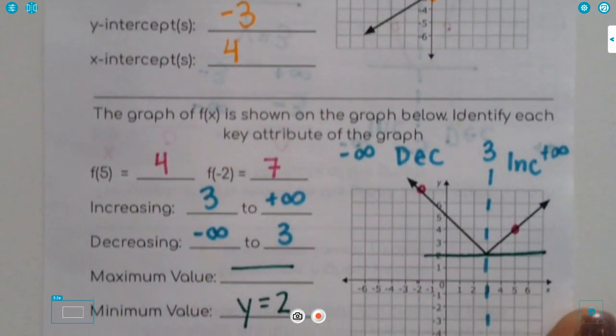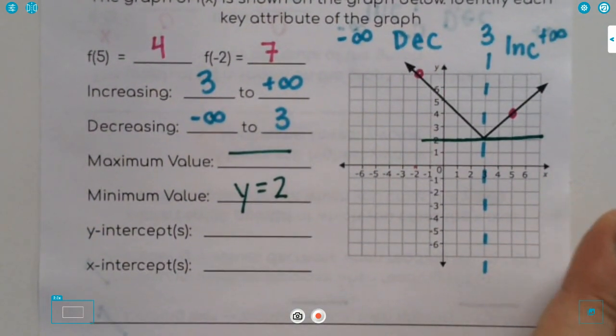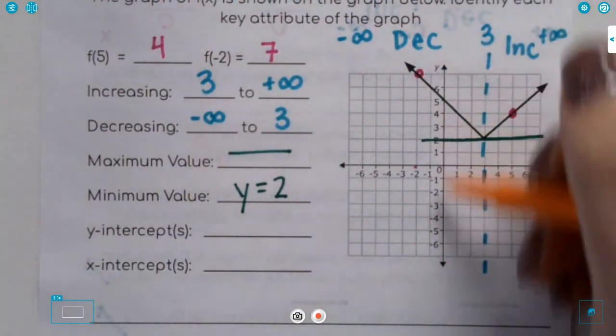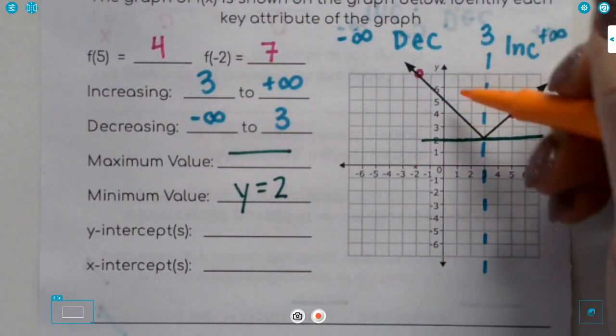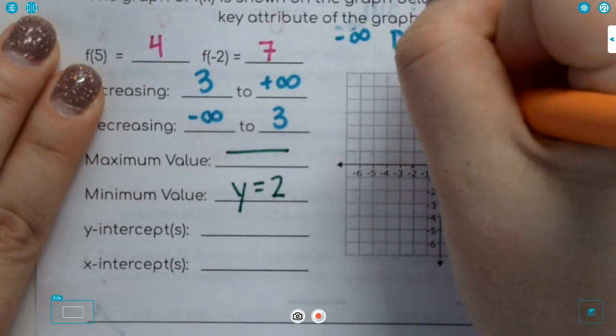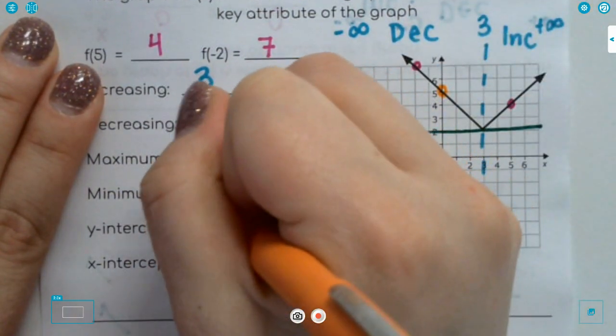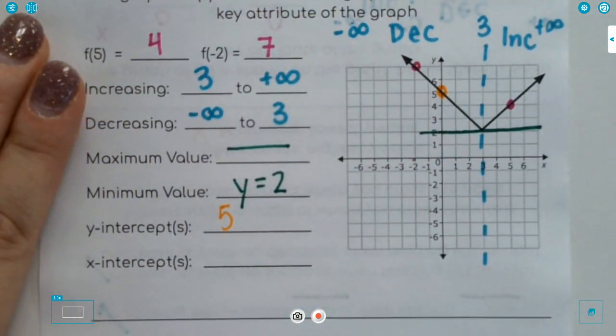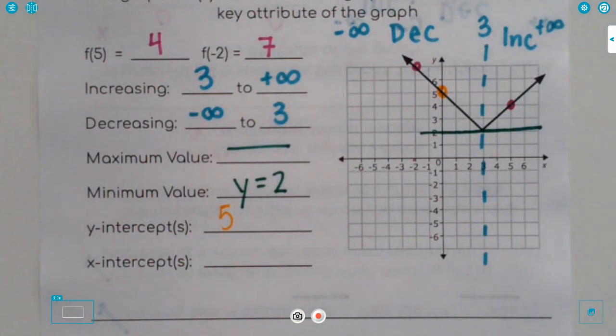And then our very last one, our y-intercept, where we cross our y-axis, is up here at 5. And then where does our graph cross the x-axis on this one?